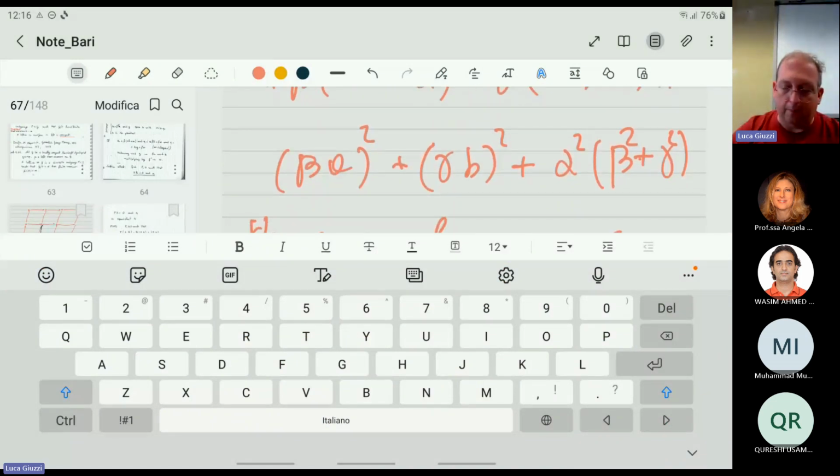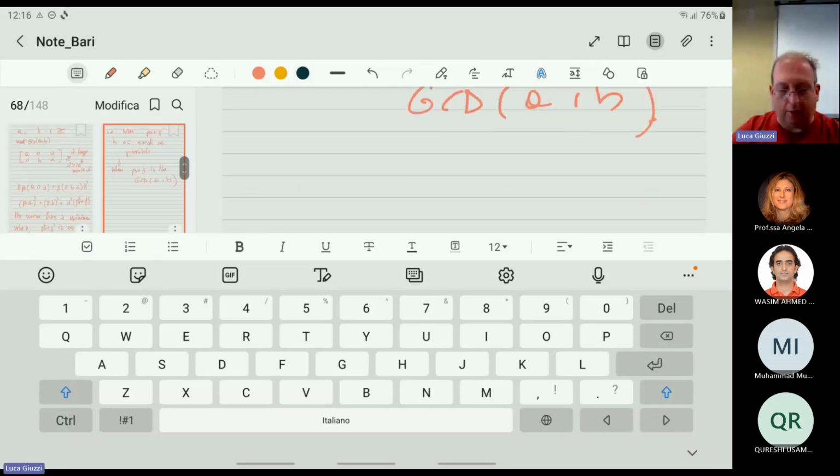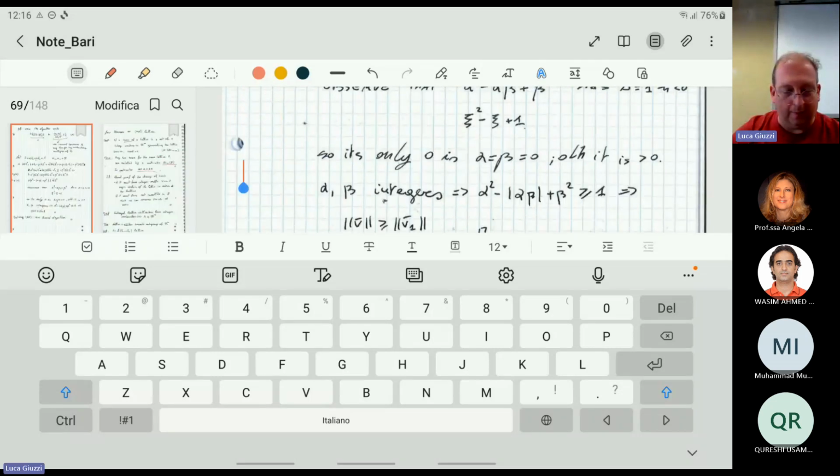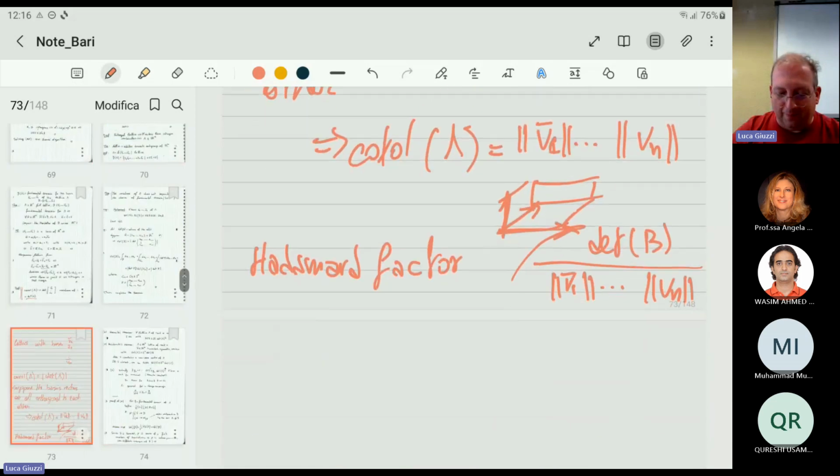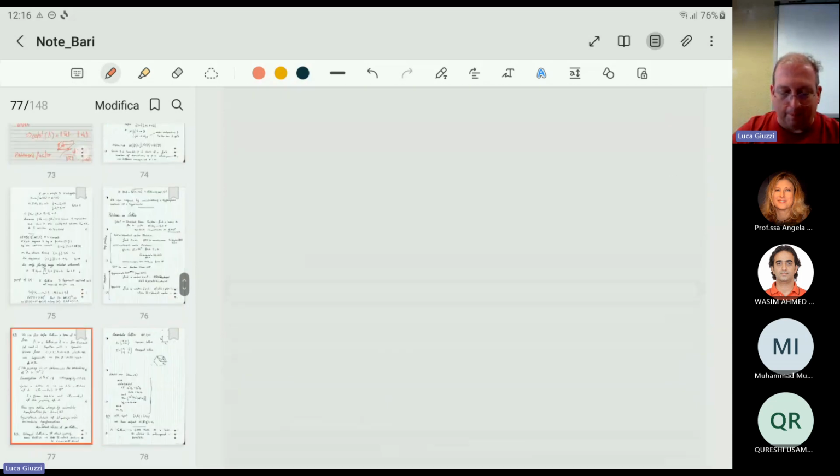Beta, no, it's correct. Beta plus gamma is correct. What I was writing here. When you improvise, that's what happens.